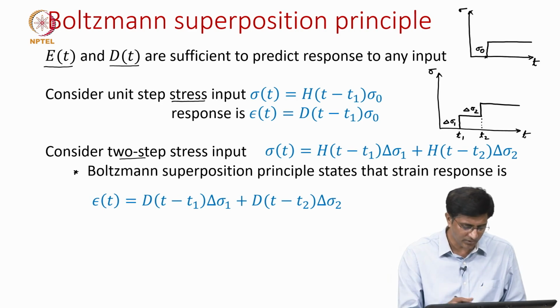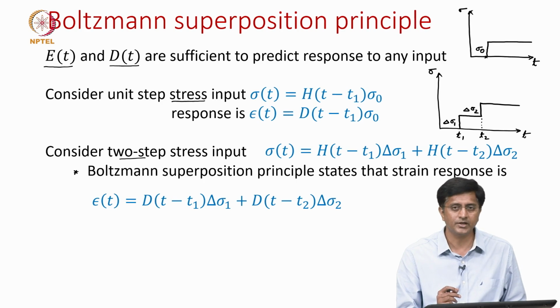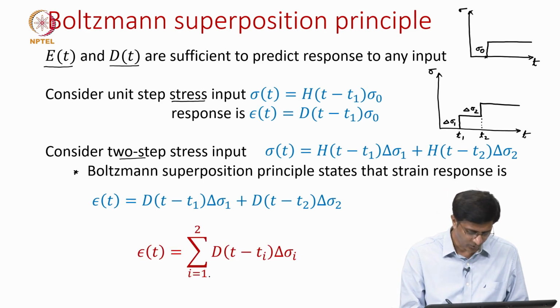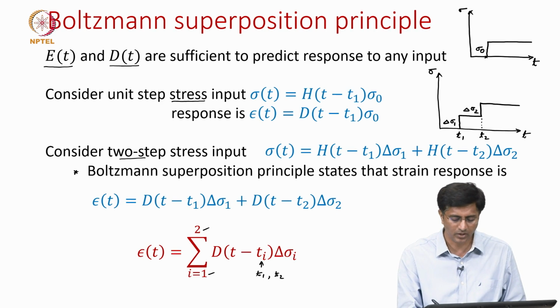Once we have this strain written as a summation of these two responses, we can also write it in terms of a summation, i going from 1 to 2, written in terms of t minus ti, where it could be t1, t2, and delta sigma 1 and delta sigma 2 are replaced with delta sigma i.